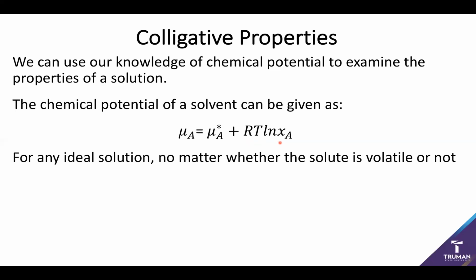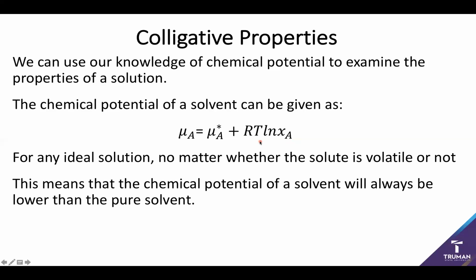What this equation tells us is something very important that we've addressed several times before: when I'm looking at the chemical potential of my solvent in the mixture, it's always going to be lower than my pure solvent system. This is due to the natural log of the mole fraction always generating a negative value. As a result, we always tend to favor or stabilize a solvent in a mixture over the pure solvent system.